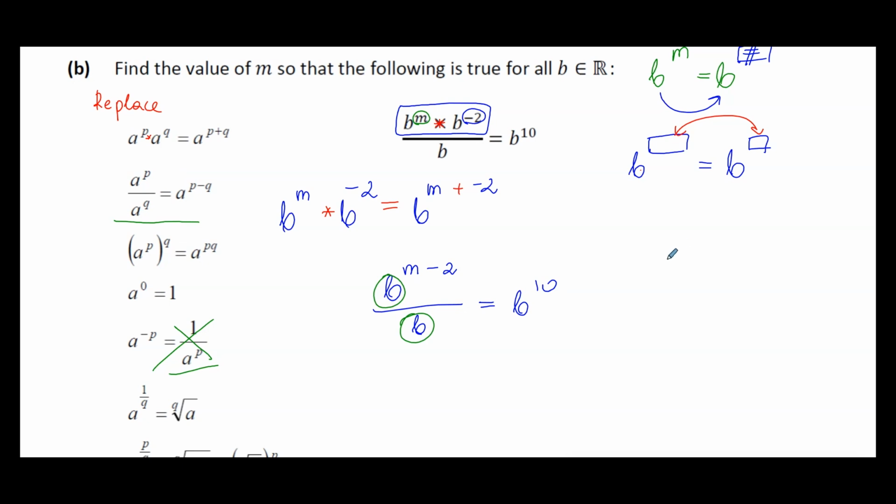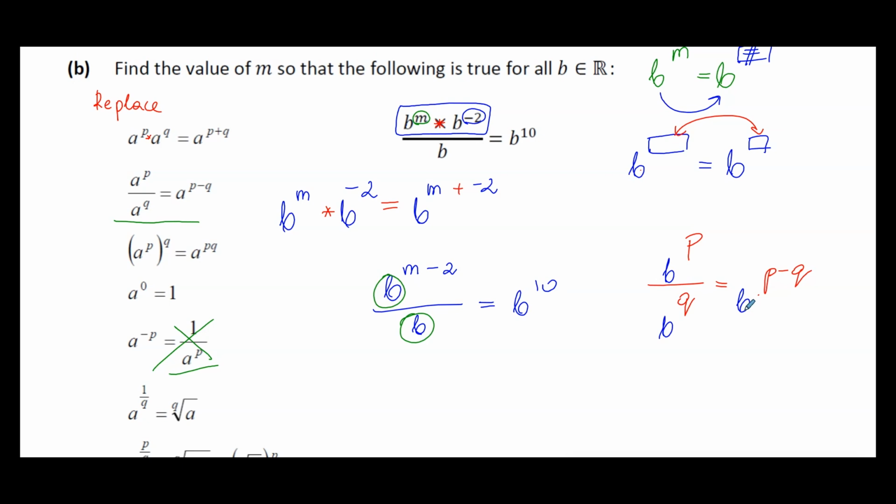So again, let's write out the formula here and let's replace with letters and numbers from our specific question. Like we already identified, we don't have a, we have b. So I'm going to replace a with b, and then we put b and b and b.